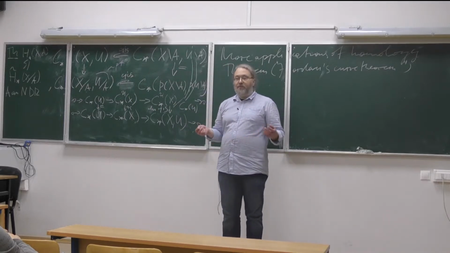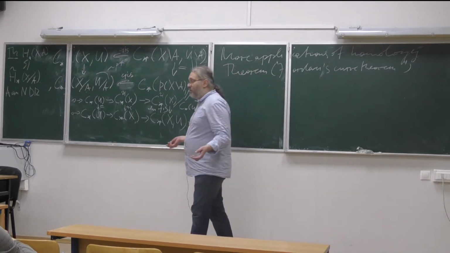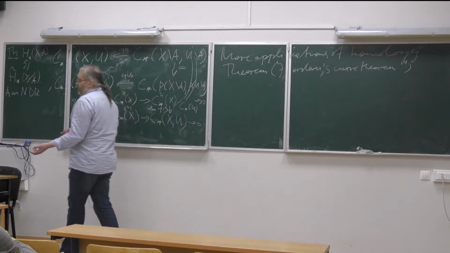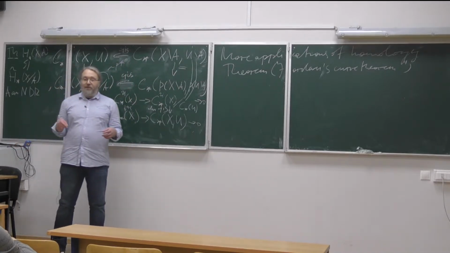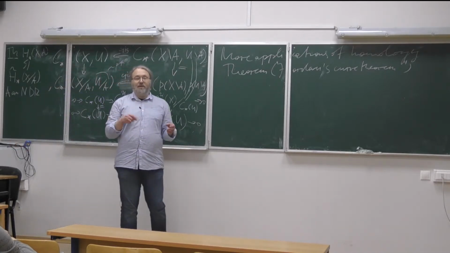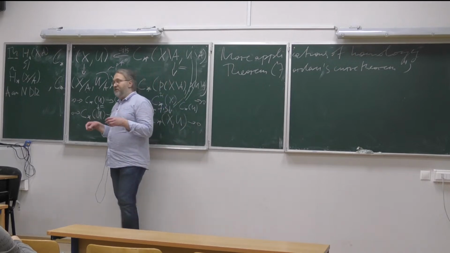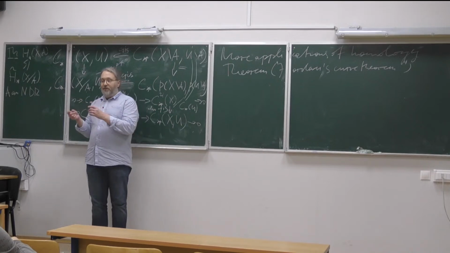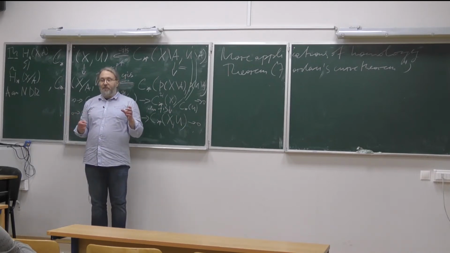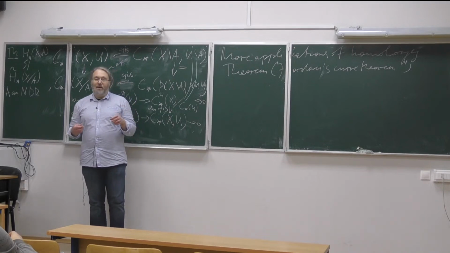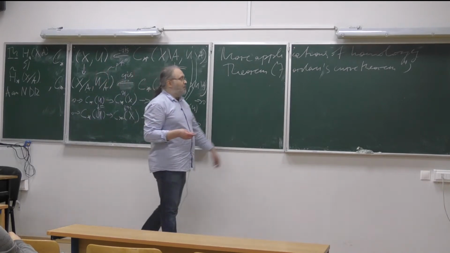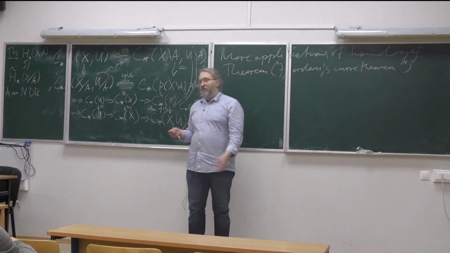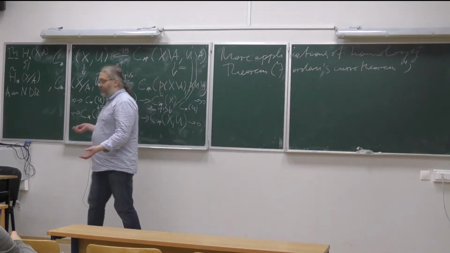The theorem by Jordan says that if you have a continuous non-self-intersecting embedding of the circle in the plane, the complement has precisely two components. And we will prove the same for Euclidean spaces of arbitrary dimension.